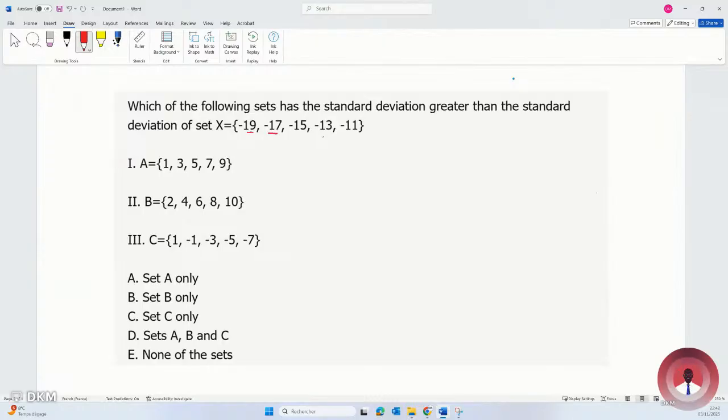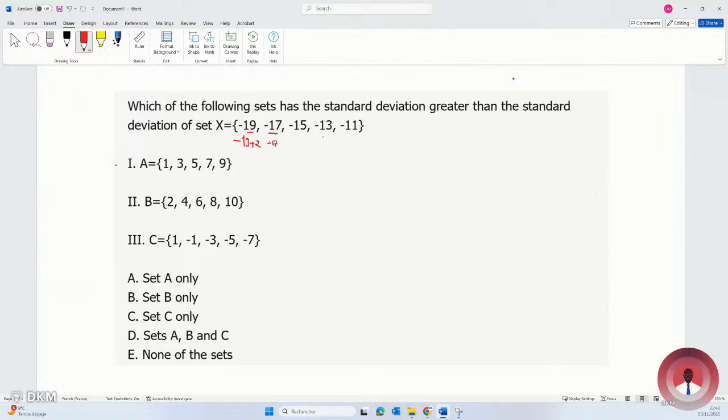It seems like this 19 and 17 here, we are adding -2. Like if you add +2, sorry, here you'll find -17.